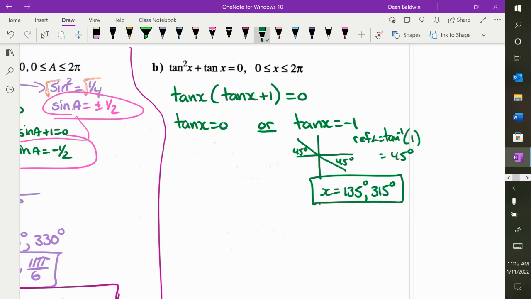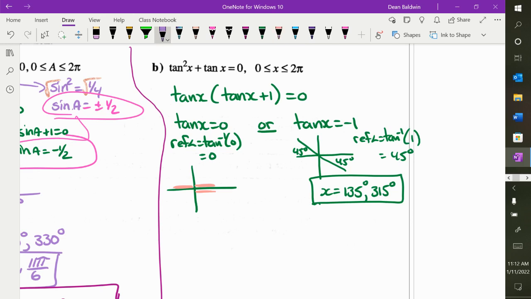Now, tan of x equals 0. What's your reference angle here? Which means, exactly, you are here, or there.